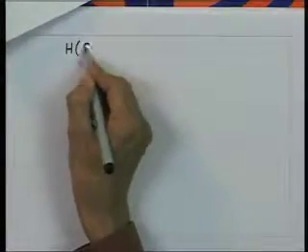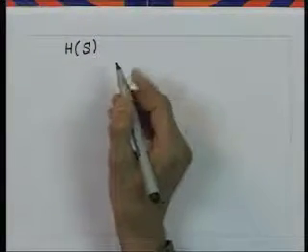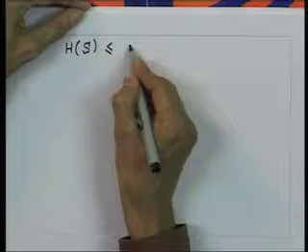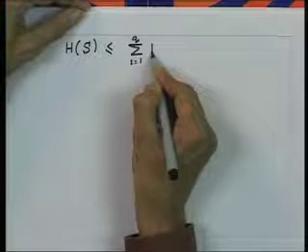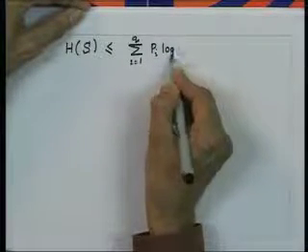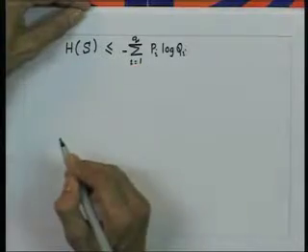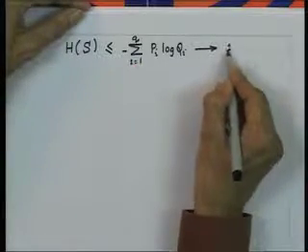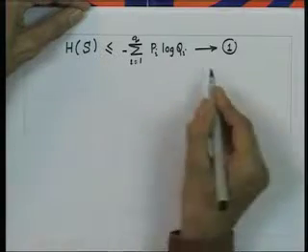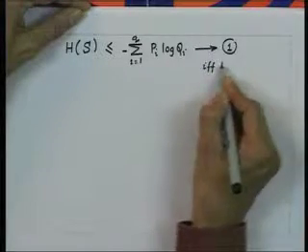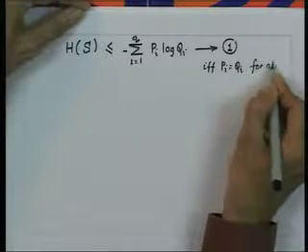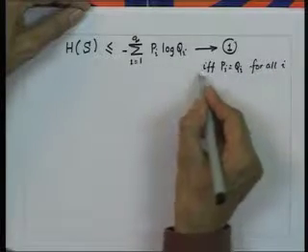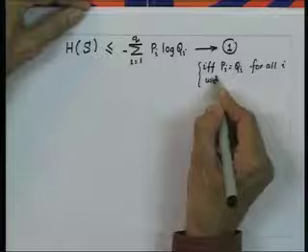So, on the left hand side I can write Hs is less than or equal to summation of Pi log of 1 by Qi, with equality if and only if Pi is equal to Qi for all i.